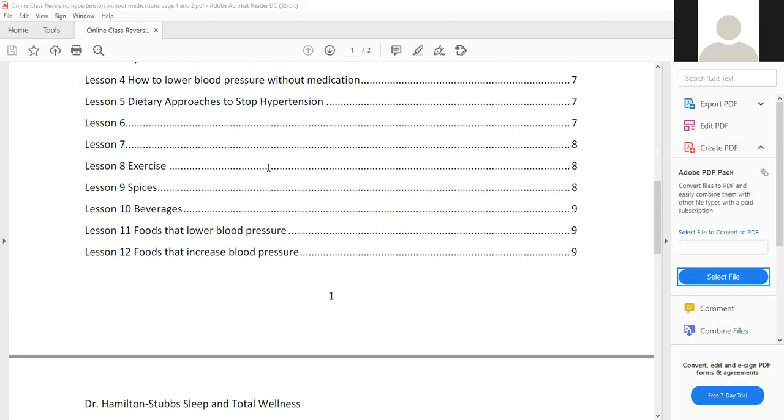The problem with walking or any other exercise is a lot of times we don't realize how much we actually need to exercise. So if you look at the federal guidelines, walking 20 minutes, 5 days a week will maintain you, but it won't help you lose weight or make significant improvements in your blood pressure.